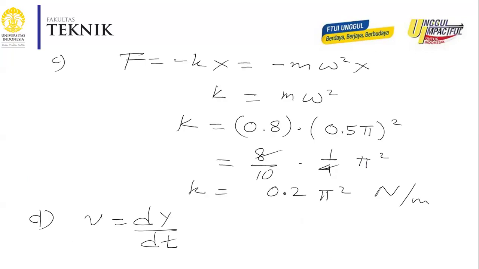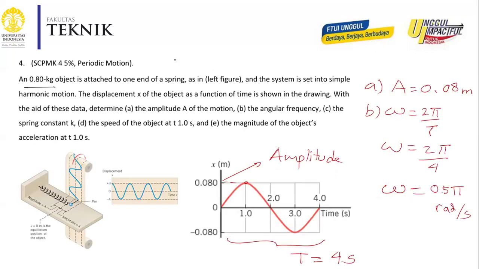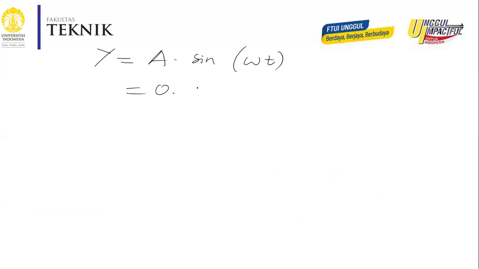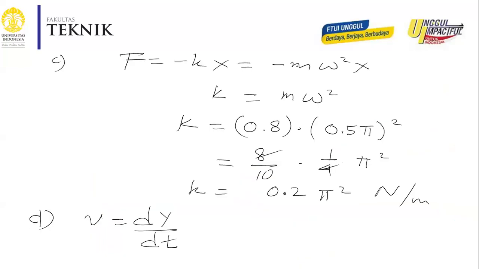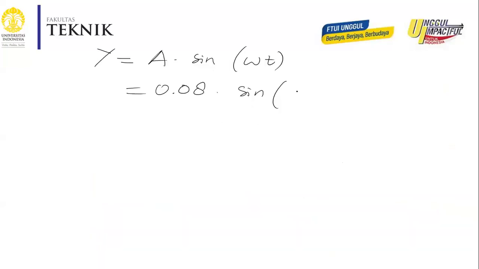You can say that y is equal to A sin or cos, for example, A sin omega t. This one is 0.08 sin, omega is 0.5 pi. Okay, this is the equation of motion y.